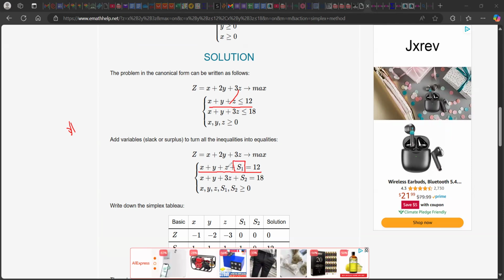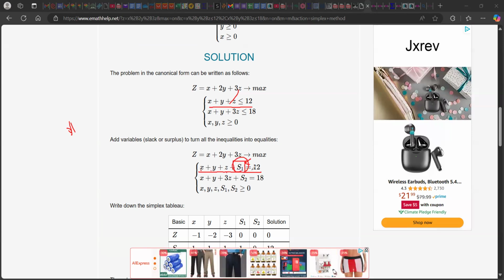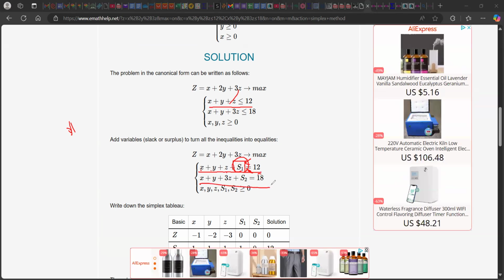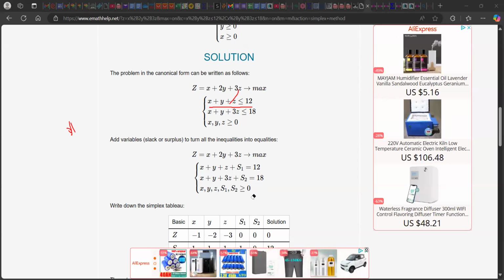Because if x plus y plus z is less than 12, then if you throw in a number there, maybe this number can take up the slack. And you will have now x plus y plus z plus a slack variable is equal to 12, not less than 12. Same reasoning goes here, right? So now that we have the inequalities in this form, they're all equations now. We can take these equations and put them in a matrix. And that's what we're doing here.